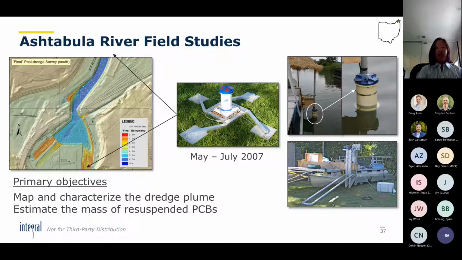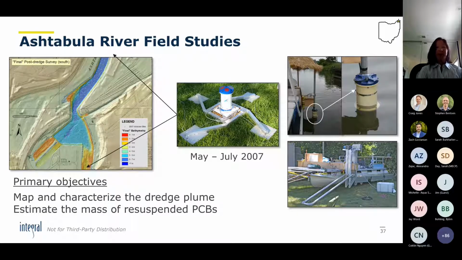So our primary objectives of this EPA study were to map and characterize the dredge plume and to estimate the mass of resuspended PCBs during dredge operations. Our analysis used data from several different field measurement techniques. The middle photo shows a moored current meter, which was co-located with optical turbidity meters and deployed upstream and downstream of the dredge plume, as the arrows indicate, and that's outside of the area of influence of dredging.